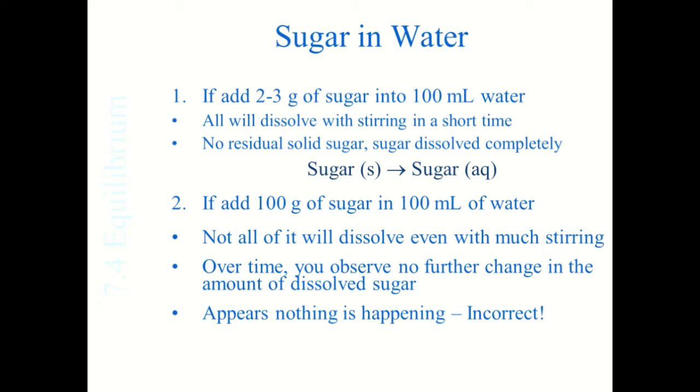An example of that would be this sugar. I dissolve it in water, it all dissolves. It's all gone. It hasn't reached equilibrium yet. So I take more sugar and dissolve it in the water, and now not all of the sugar is dissolving. In other words, the concentration outside of the water and the concentration inside of the water are remaining constant. That is not because nothing is happening.